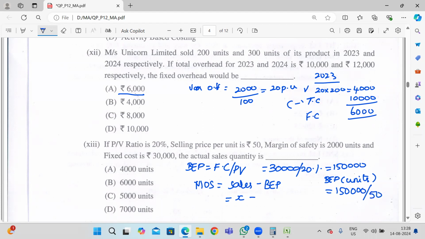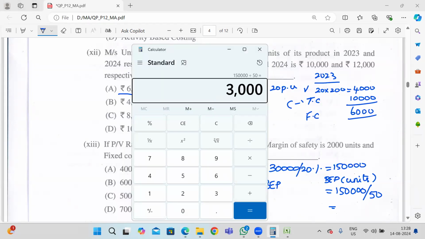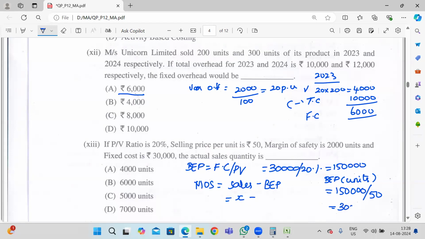So I will be getting 3,000. Why I am converting here is they have given margin of safety in units. That is 2,000 units they have given. So sales in units I am taking as X, break-even point 3,000. So X is equal to 3,000 plus 2,000, that is 5,000. So option C is the right answer.